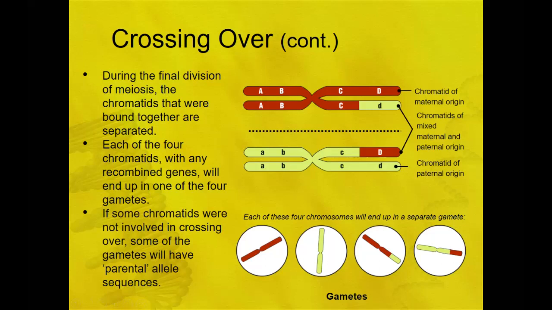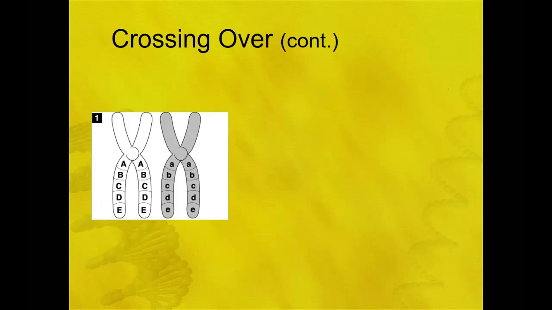Okay, let's go over the process one more time. So we have this setup. Can you guys remember what we call it when we have 2 of the double sets of chromosomes lined up side by side? Pause the video, go back through your notes, see if you can remember. Hopefully you were able to come up with the fact that these are homologous chromosomes and they are lined up in the position of synapse.